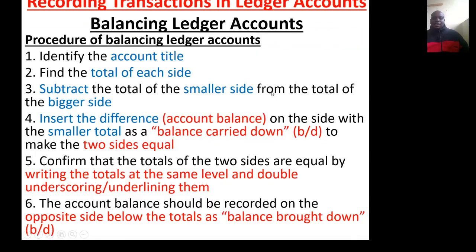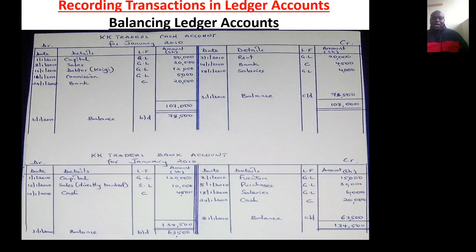Then you bring down that balance on the other side, and we call this balance brought down, because this balance actually belongs to this side. This side has a higher figure than this other side by 78,500. The same case applies to here. So this figure will be used in February.